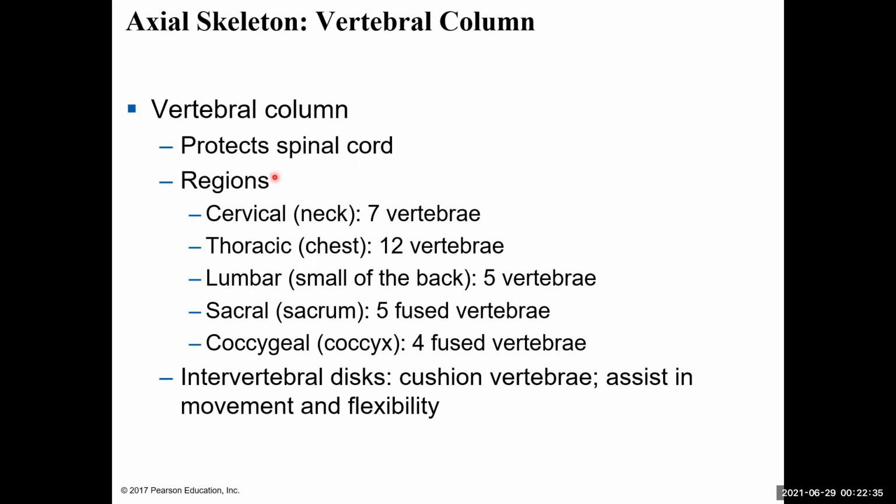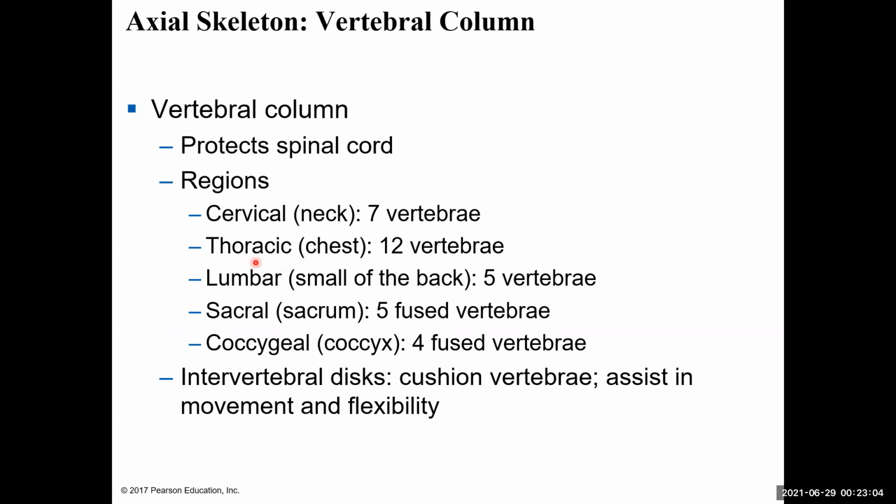This cervical region is made up of 7 vertebrae. After those first 7 vertebrae, you have your thoracic region, which is your chest region. This region is made up of 12 vertebrae, and these 12 vertebrae are what the ribs are articulated with. So this is what holds those ribs.